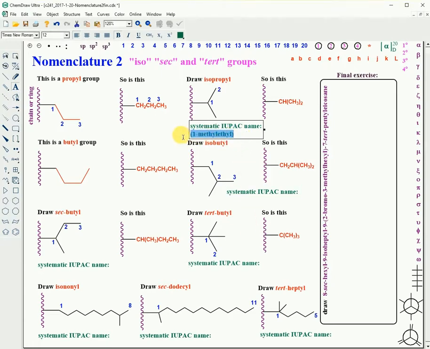Following this logic, the systematic name for this group, being a 3-carbon group with a methyl off of the second carbon, would be 2-methyl propyl. Same logic here. Systematic name for that group would be a 1,1 dimethyl ethyl.